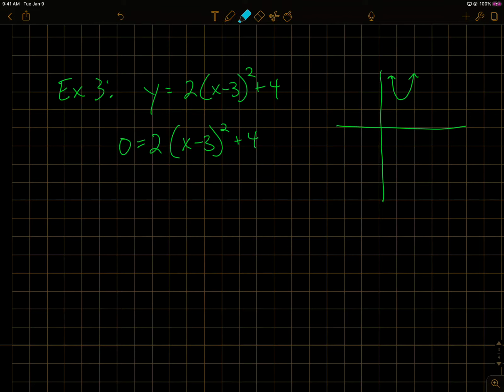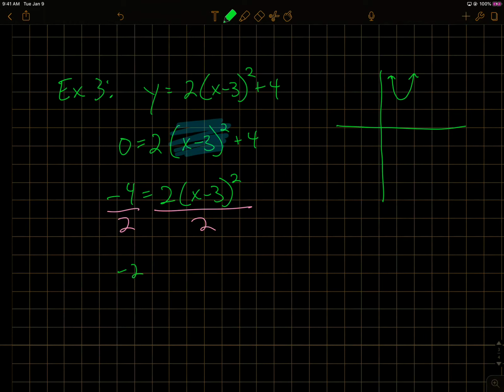So again, I want to solve for this chunk, so I'm going to subtract 4 off both sides. So I get negative 4 on the left side, 2 times (x minus 3) squared on the right side. Now I want to divide by 2. So I get negative 2 equals the quantity (x minus 3) squared.